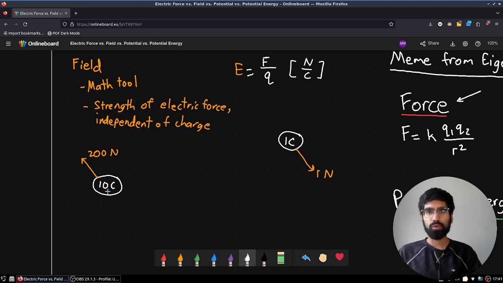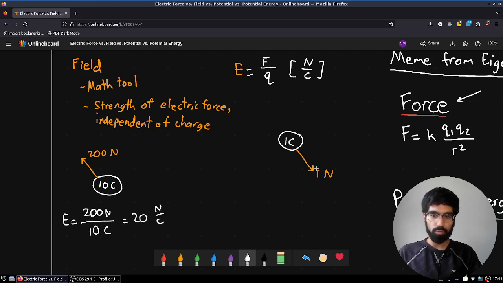And as I verbally told you earlier, if you take 200 newtons divided by 10 coulombs, the electric field here is equal to 20 newtons per coulomb, and over here 1 divided by 1, it's equal to 1 newton per coulomb. Now these things are in the same units.